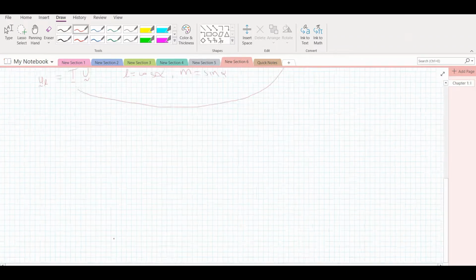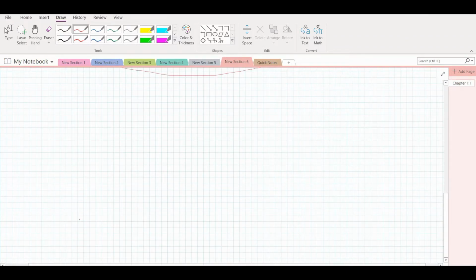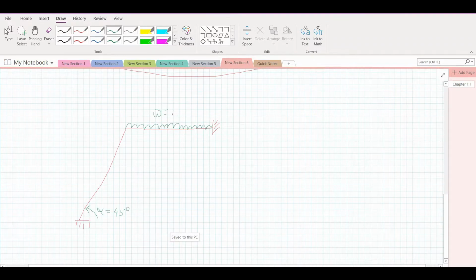Let's say we have a frame that looks like this, and let this be alpha, which equals 45 degrees. We can assume this beam to have a UDL of omega, which equals 1000 pounds per feet.